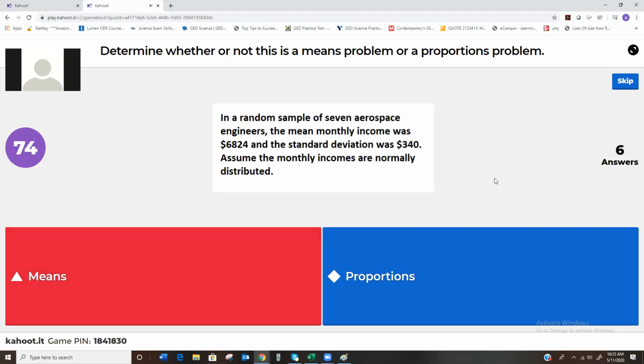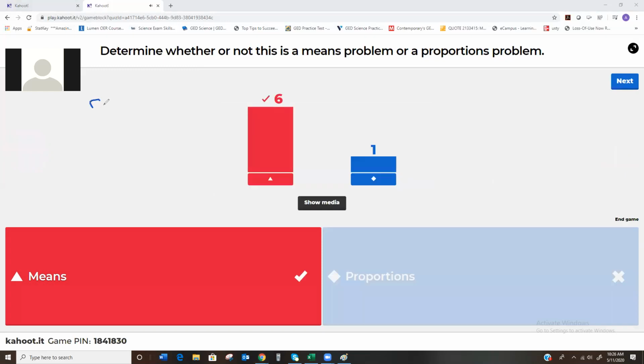So the first thing when you're looking at a confidence interval problem is you have to decide, is it a mean or is it a proportion?